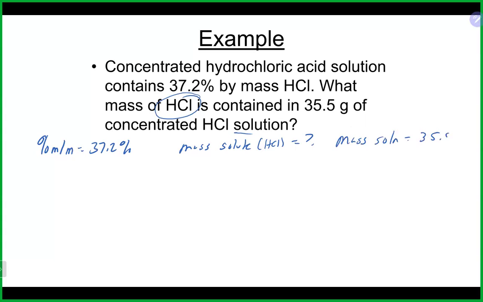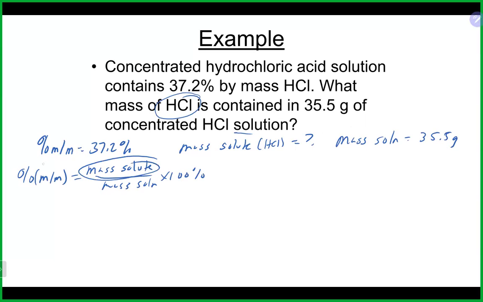which is 35.5 grams. Now, clearly, you can plug and chug into this equation here if you like and solve for what you are missing, which in this case would be the top there. That would be what you're missing. You have pretty much that, and obviously you have that.